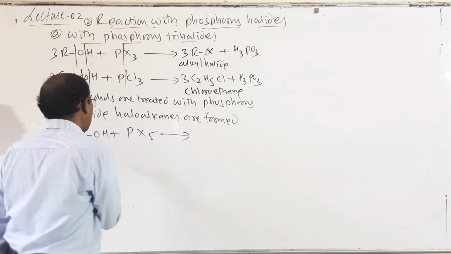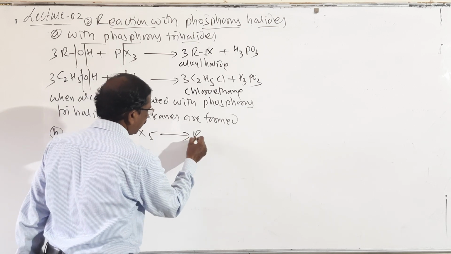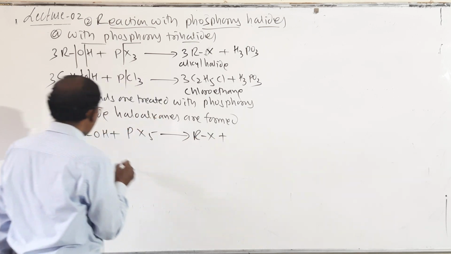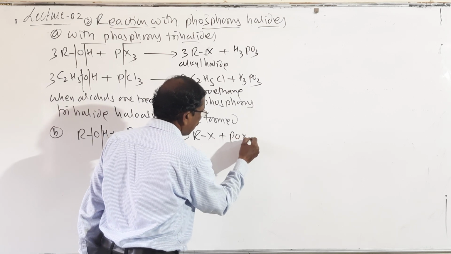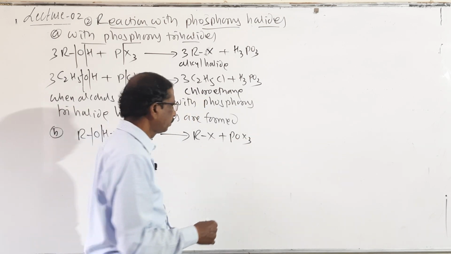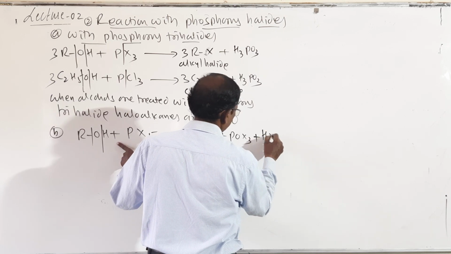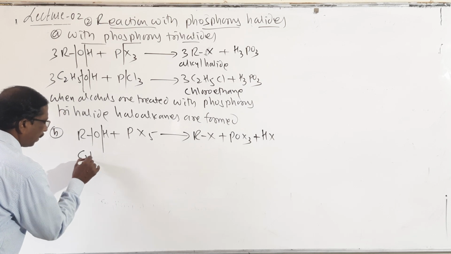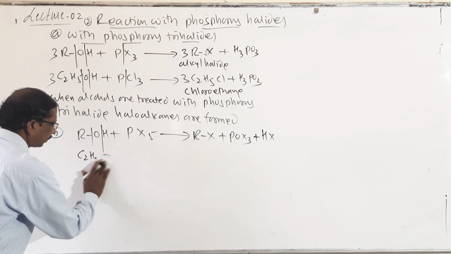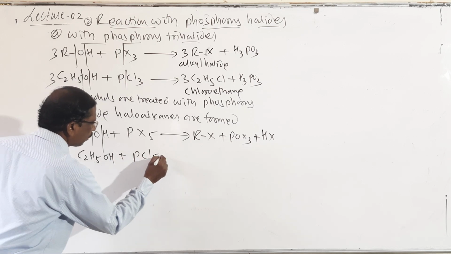Again it has two parts. Here it gives one RX, alkyl halide, and another one is POX3, phosphorus oxyhalide, and then HX. Look here, I will write the same example, C2H5OH plus PCl5.